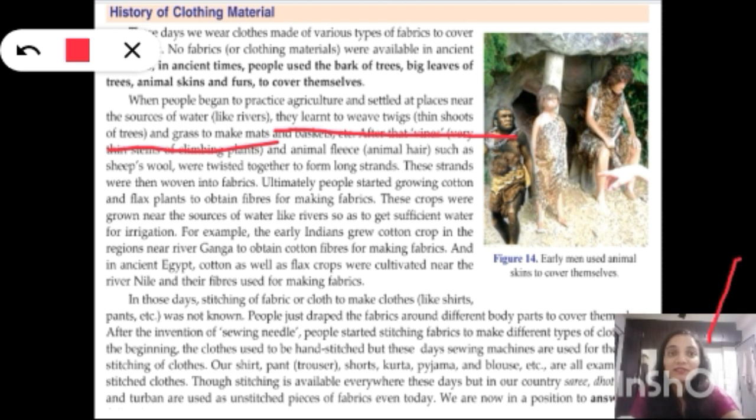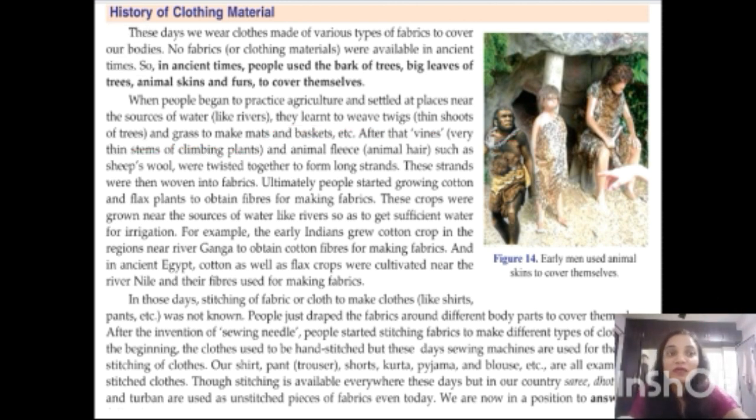Unstitched means the cloth is used as it is, such as sari, dhoti and turban. These are the clothes which are used unstitched.